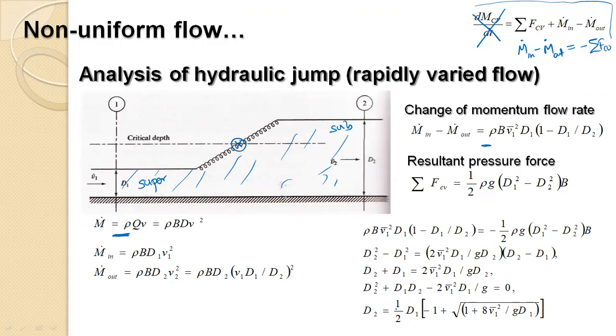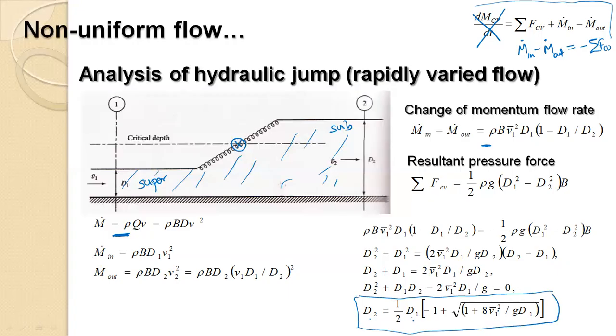Conjugate water depths, complementary water depths, or alternative water depths. There is a relationship between D1 and D2, and that is going to be given by this. If you reduce the form, you can get this expression.